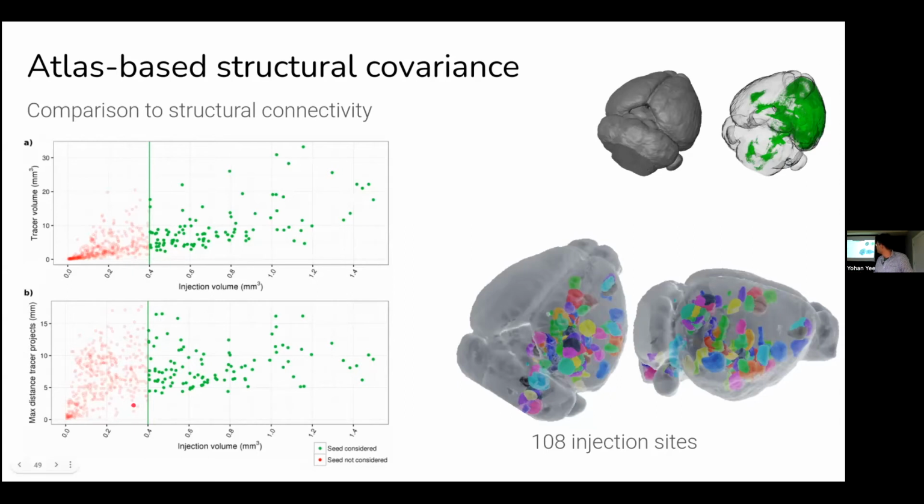So we only considered experiments in which the injection volume was above a certain threshold. And in total, that resulted in 108 different injection experiments. So for each of these experiments, you can imagine there's an associated tracer image that tells you where a tracer would go if you injected in each of these different sites. Just to clarify, the data consist of injections in the right hemisphere.